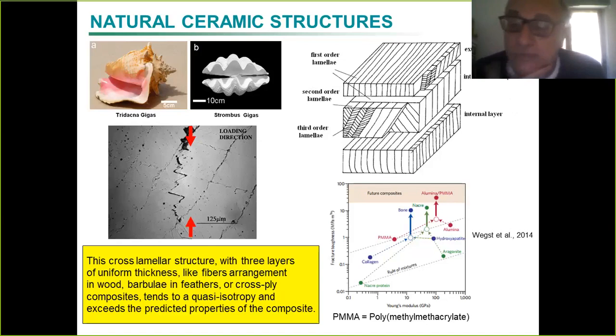Polymethyl methacrylate would substitute, for example, glass. It costs less than glass, but it has lower toughness, and it also tends to deform with temperature. So we need a better stiffness, and making composites with alumina and PMMA is a possibility.